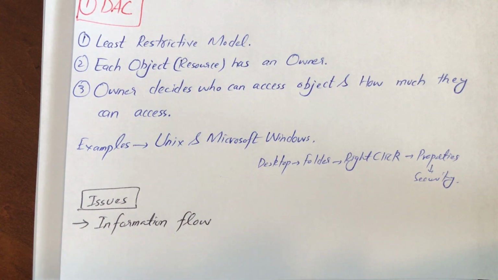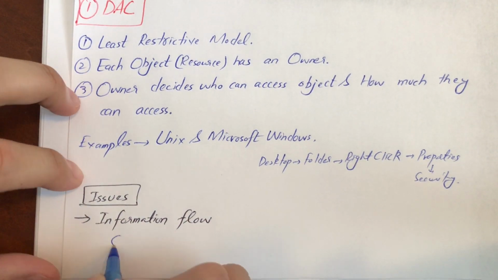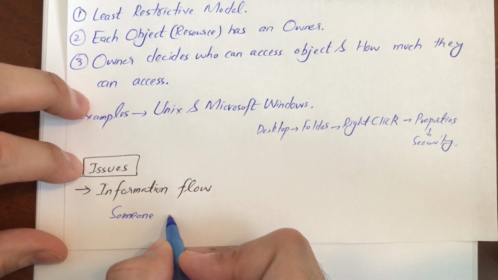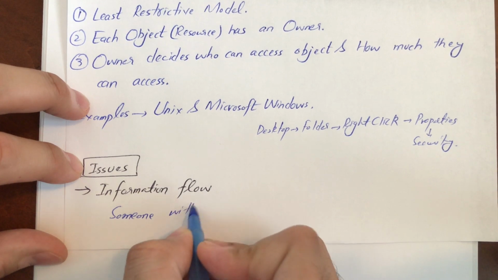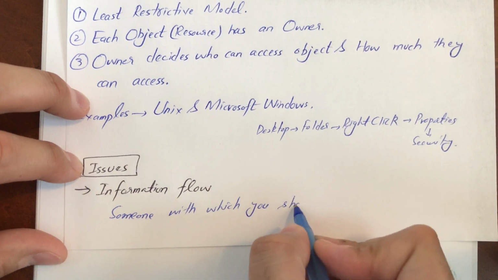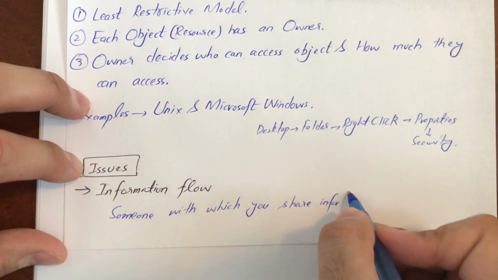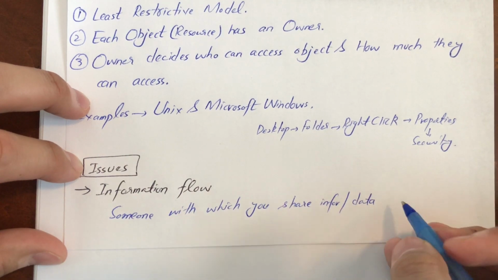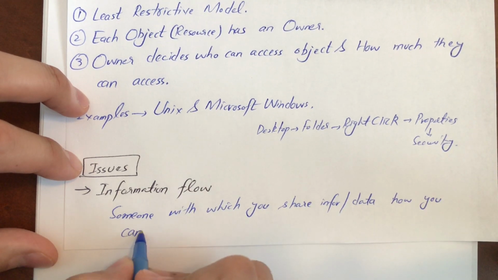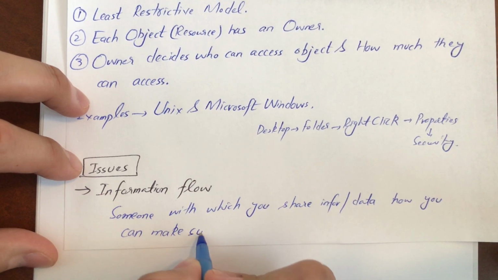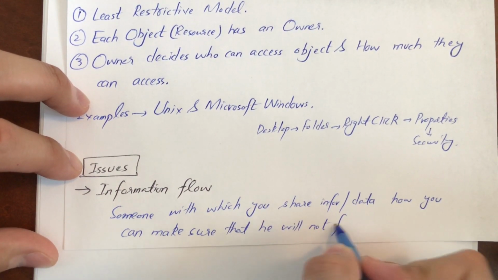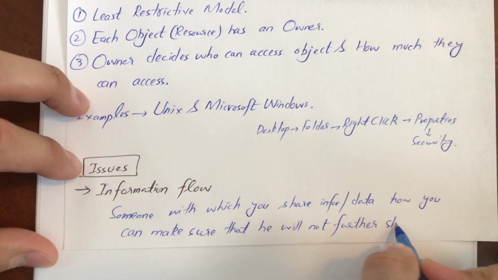But information flow means that if you share information or data with someone, how can you make sure that he or she will not further share it?